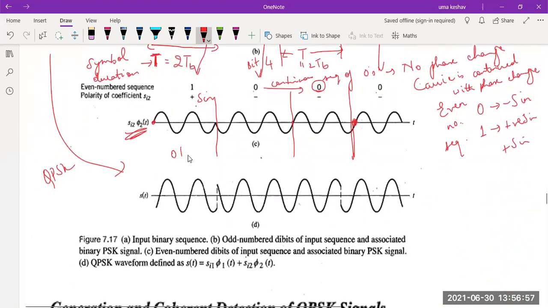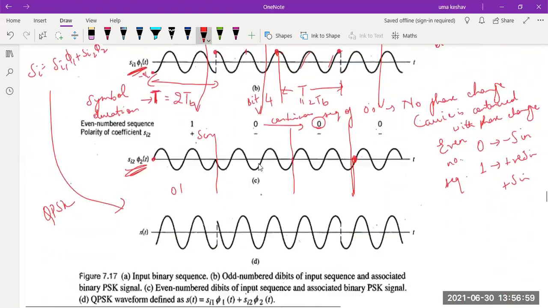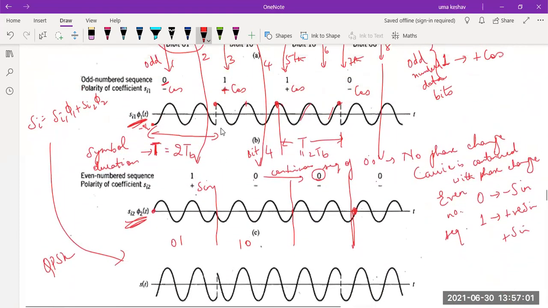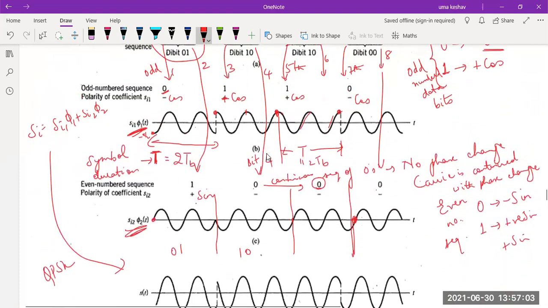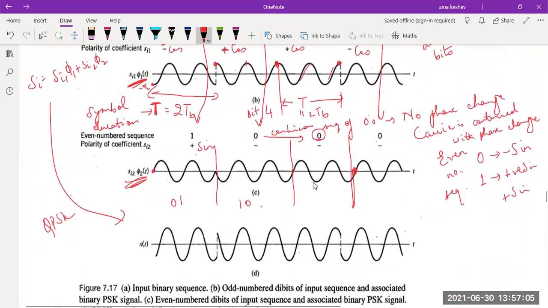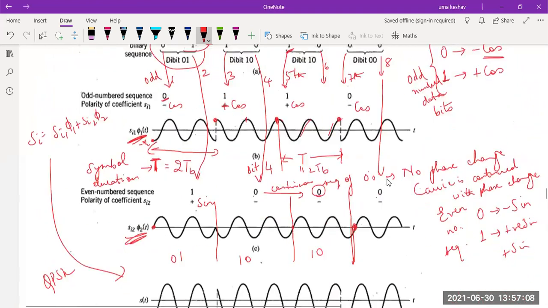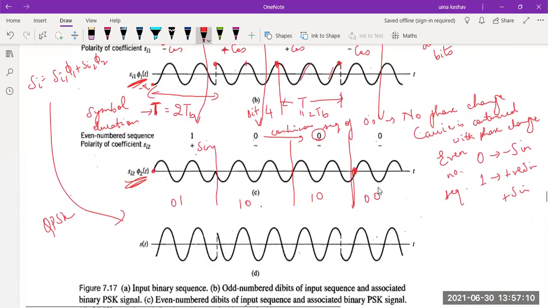So this is dibit pair 0, 1. This is dibit pair 1, 0. So adding these two signals is not so very easy. This is again 1, 0, and this is 0, 0. As you remember, do you remember the constellation?